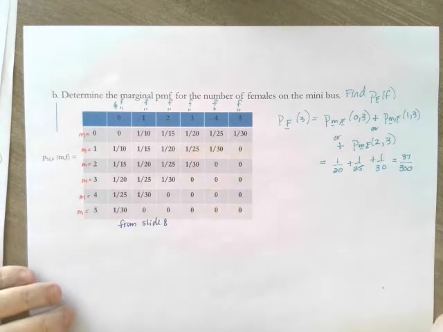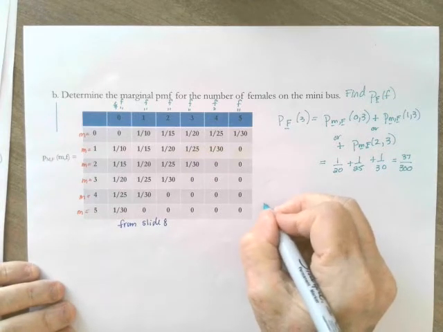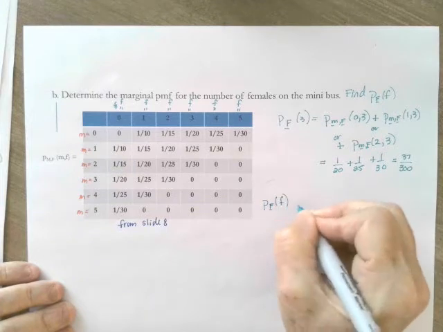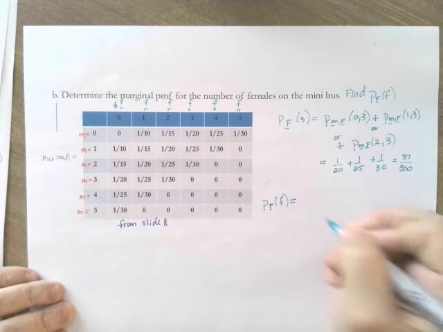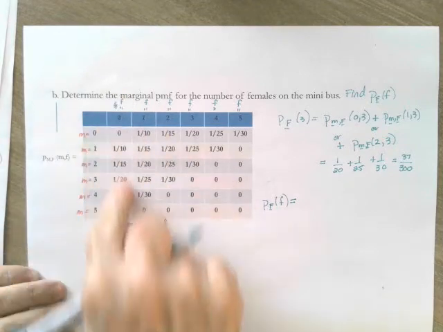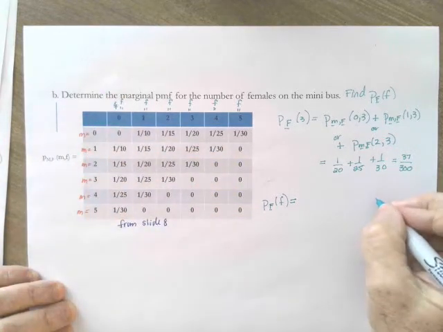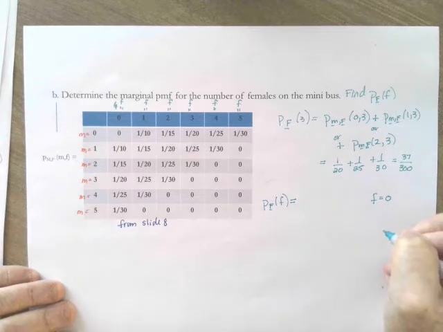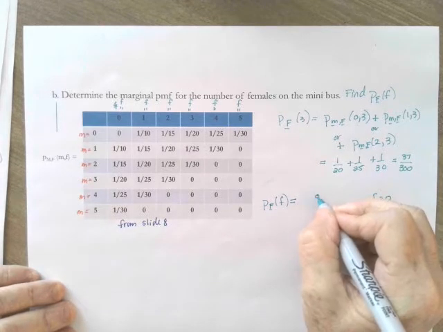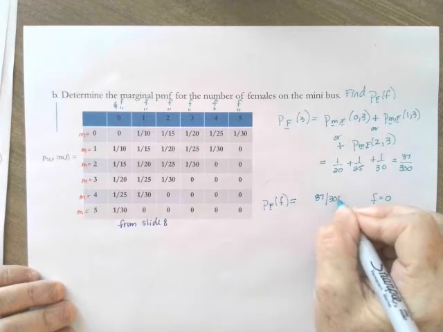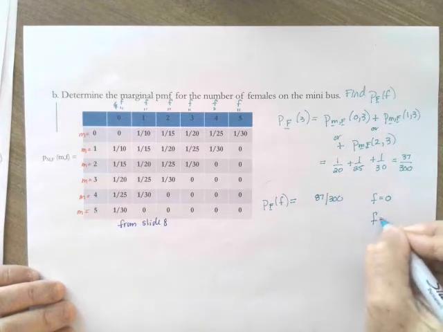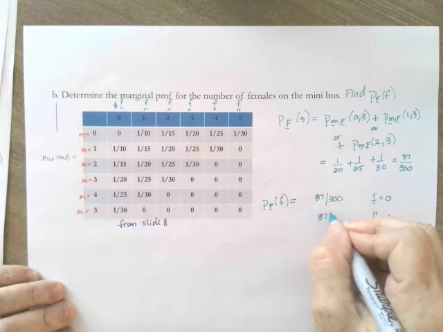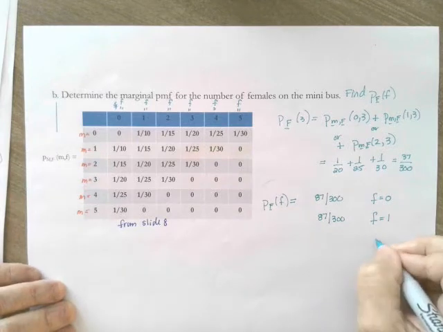So the final summary will be as follows. My probability mass function for the number of females is equal to, and we know that the number of females can be 0, so when I sum up this column, F equals 0, you will end up with 87 over 300. When F is 1 and you sum up this column, it's identical to this column, so you're going to get 87 over 300 for that one as well.